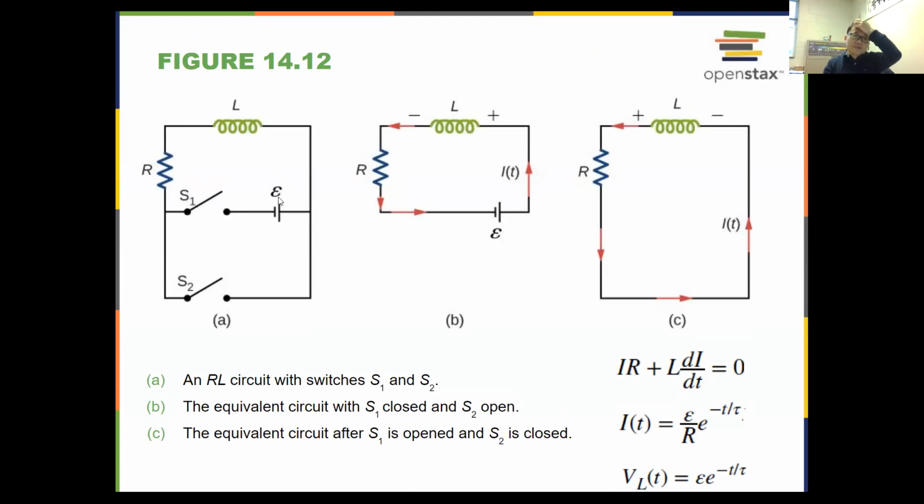Okay, so when you have a circuit like this, you have two switches. If this one is closed, then you are charging this RL circuit, okay? And with this open, this closed, then it becomes this one because this goes away, okay?